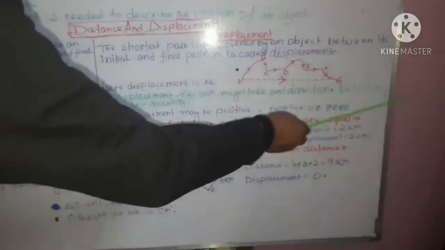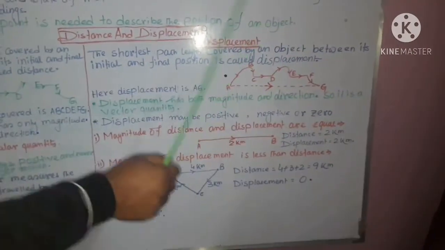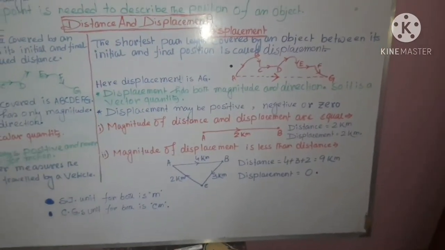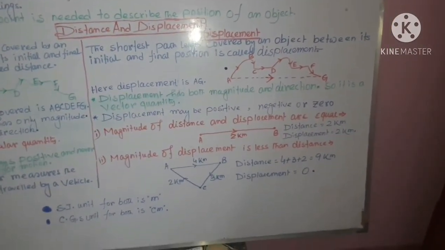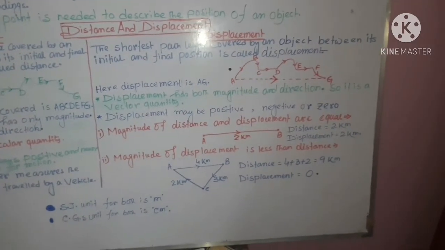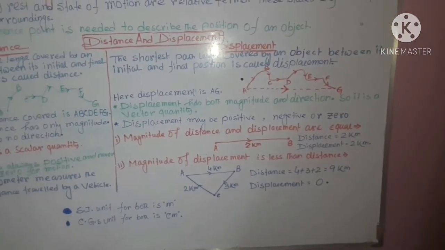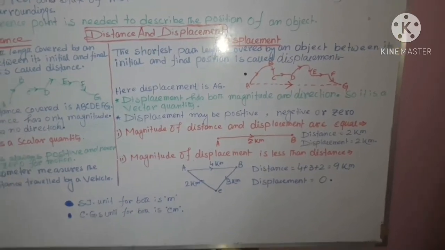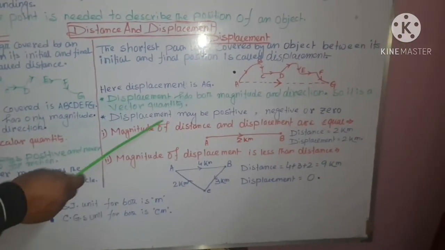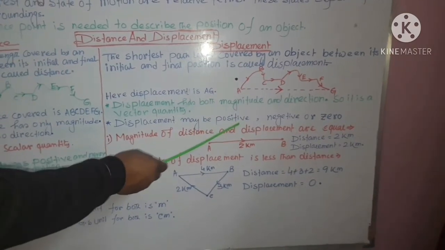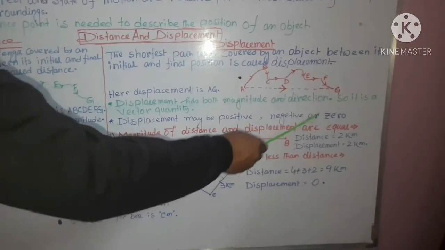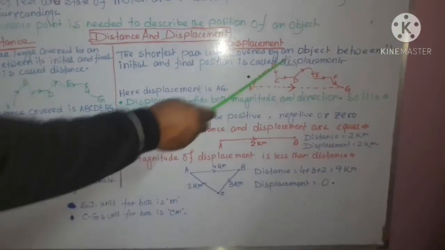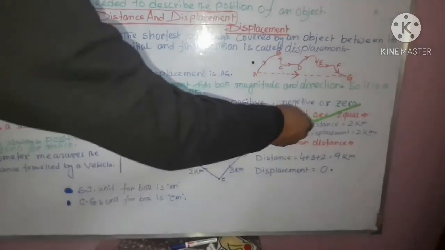Therefore you can say displacement is a vector quantity. Now regarding the displacement, certain points you have to remember very carefully. Displacement may be positive, may be negative, may be zero.